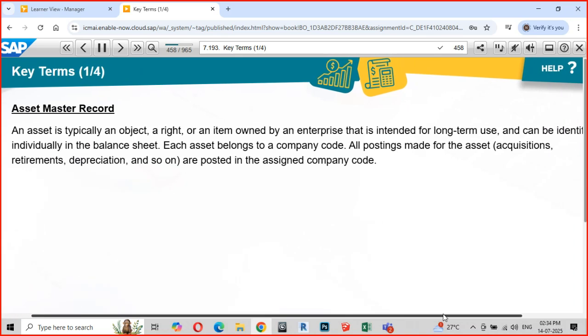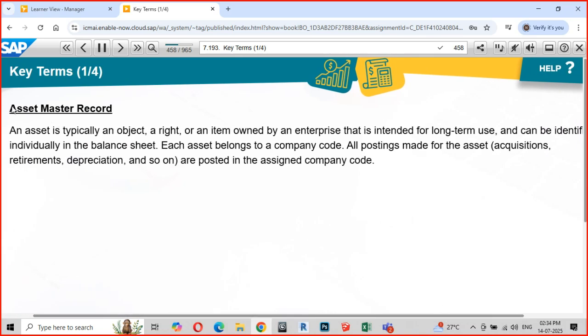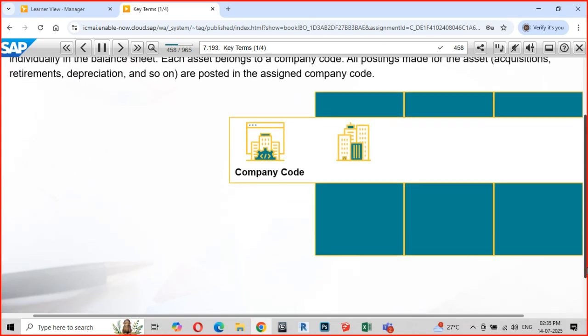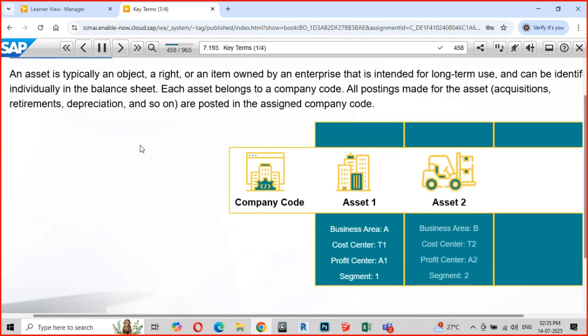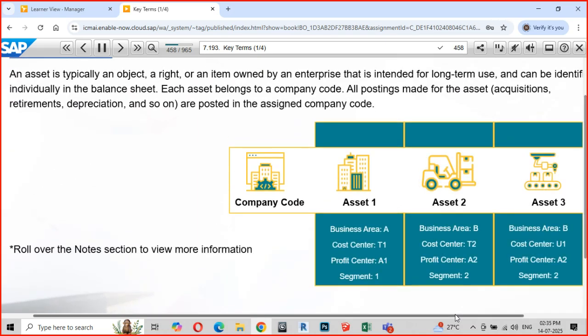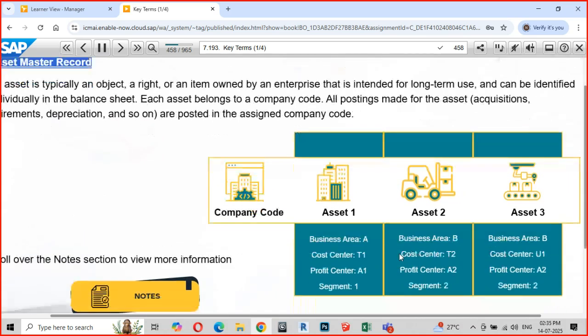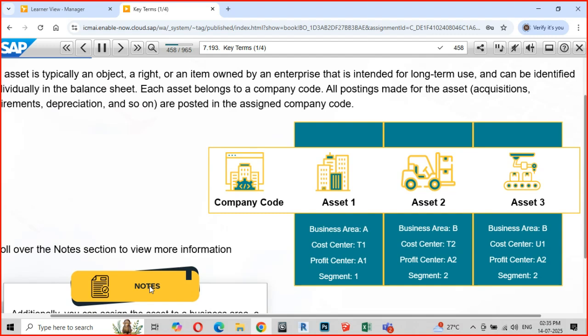So we are okay with this term, asset master record. Now let me just check. So let's read the notes section also.